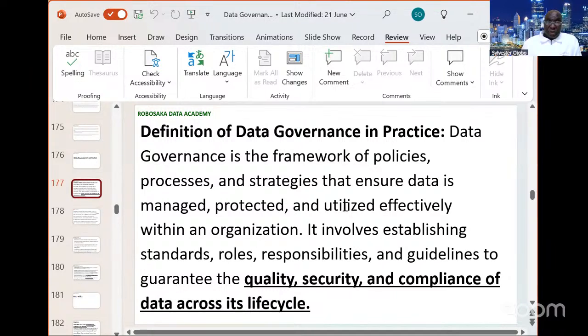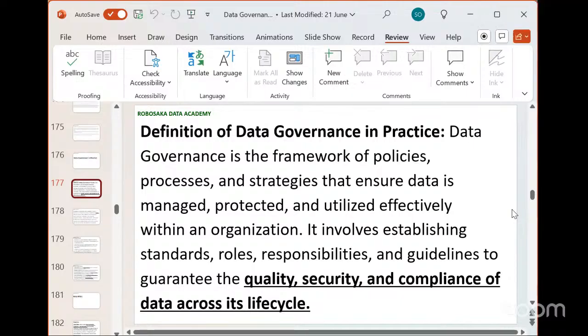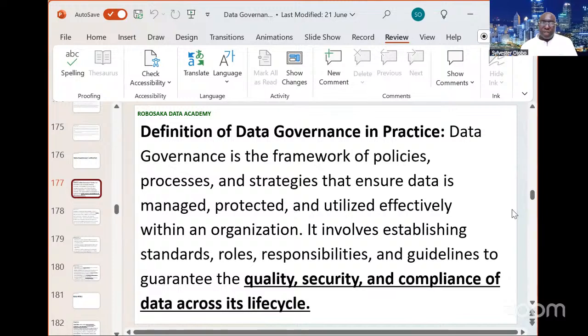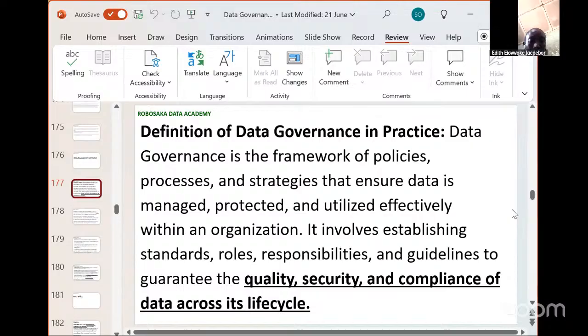Okay, so if we are talking about data quality and data governance in practice, what are we really referring to? What are we referring to? Hello? Is it policy, sir? Policy and procedure, sir. Okay. Policies and procedures. Yeah. What else again? Strategies. Okay. Yeah, strategies.